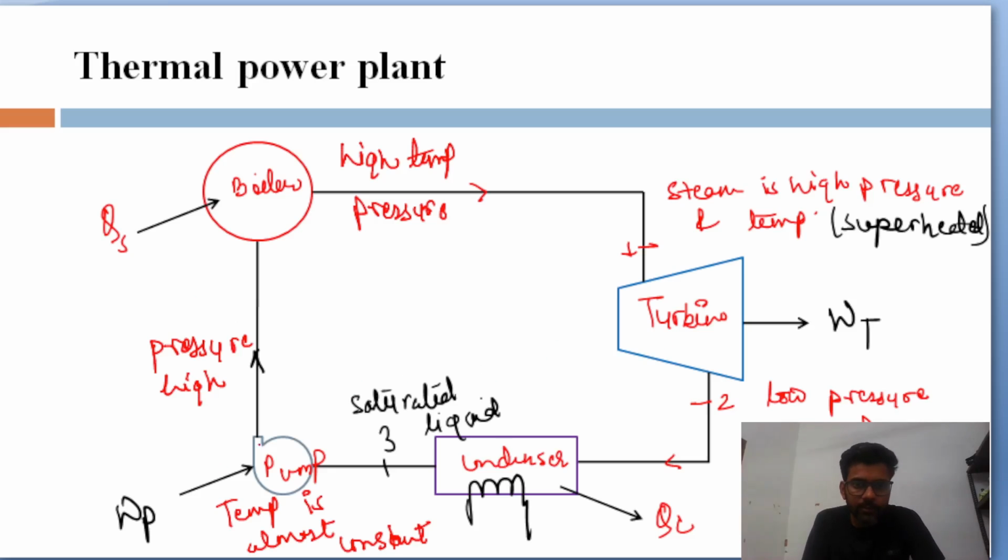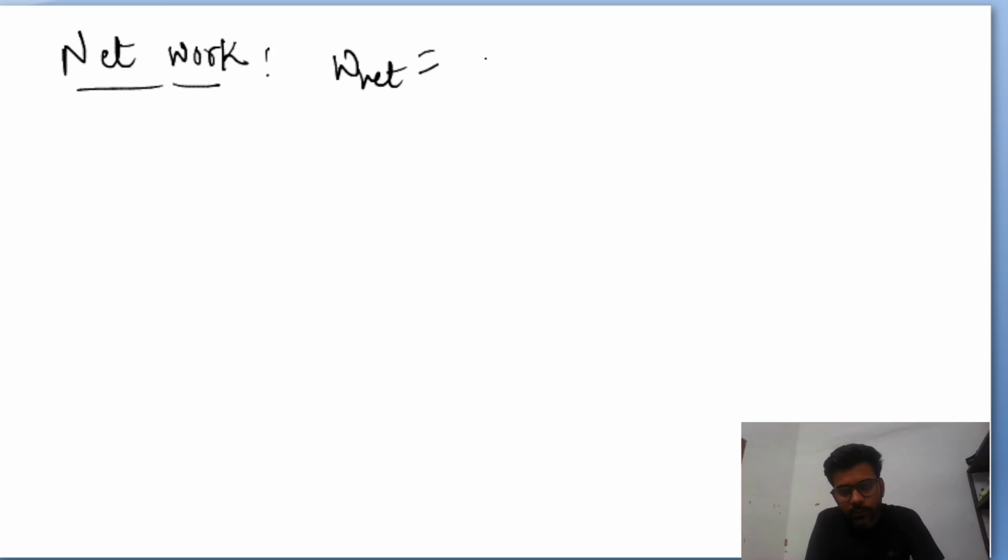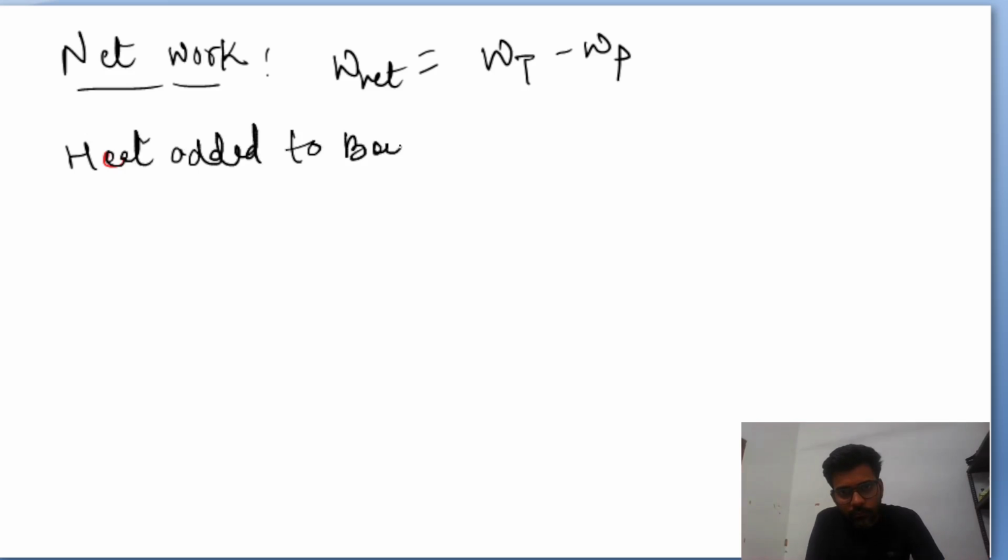Now if we write down the net work of the cycle, W net, it is turbine work minus pump work, and the heat added to the boiler is QS.